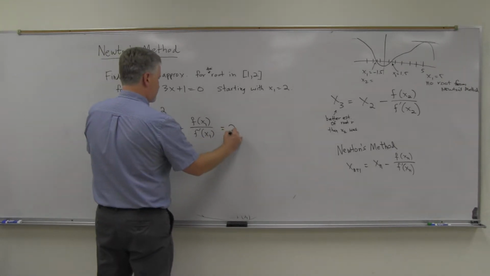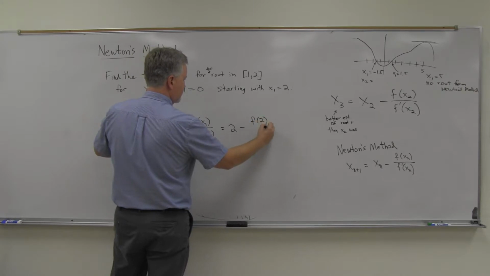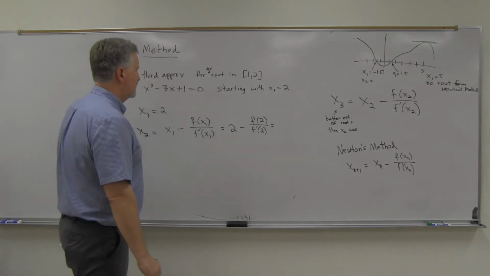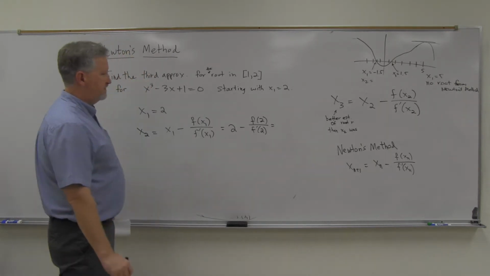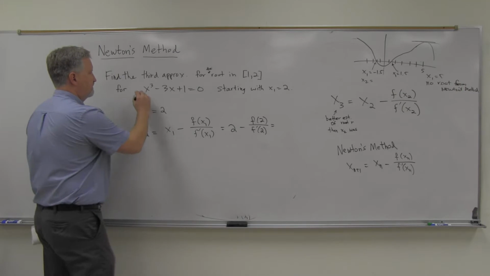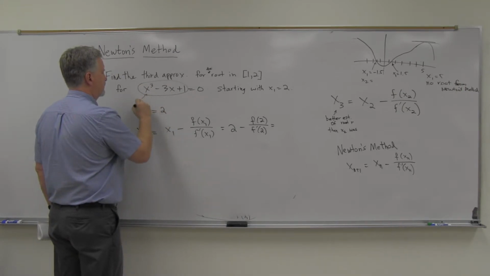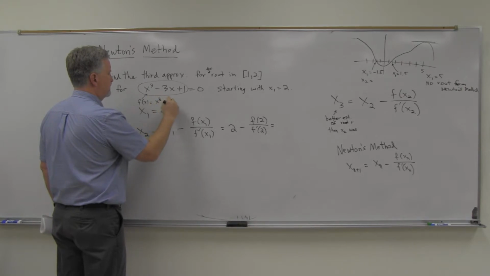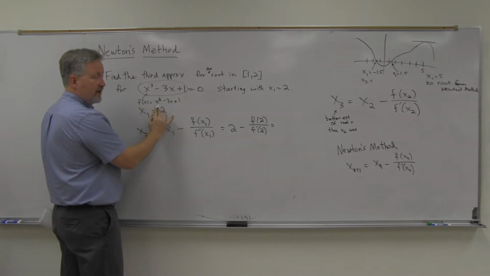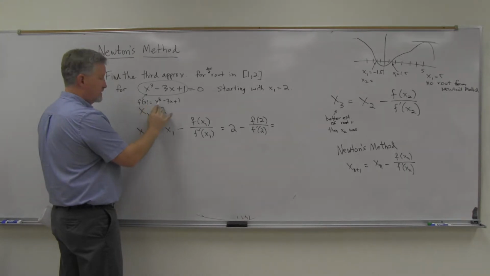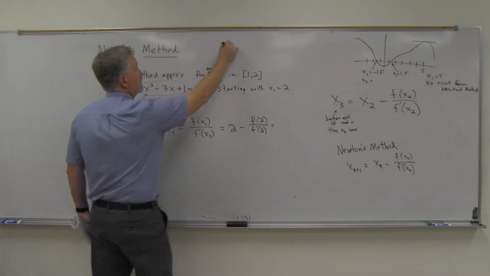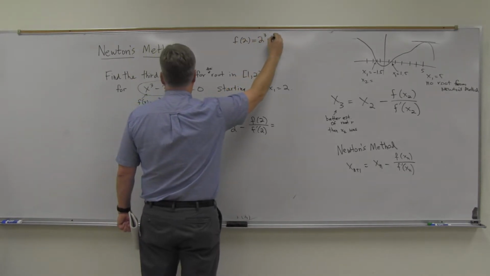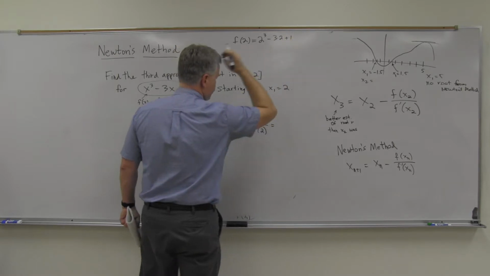All right, so x1 is 2, so it'll be 2 minus f of 2 divided by f prime of 2. What is f here? This is f of x right here, isn't it? x cubed minus 3x plus 1. So for f of 2, I'm just going to plug in 2 to this function, so it'll be 2 cubed minus 3 times 2 plus 1.